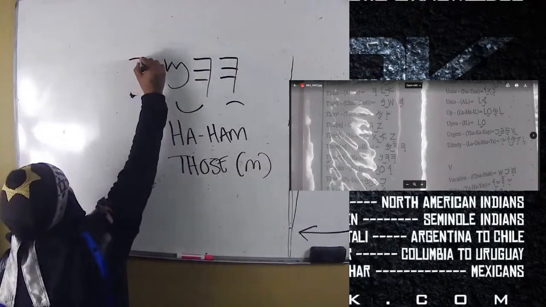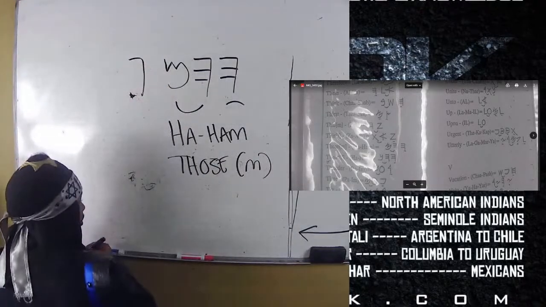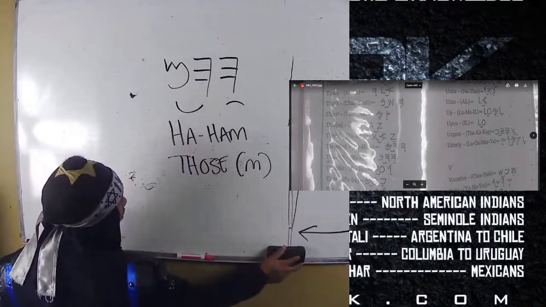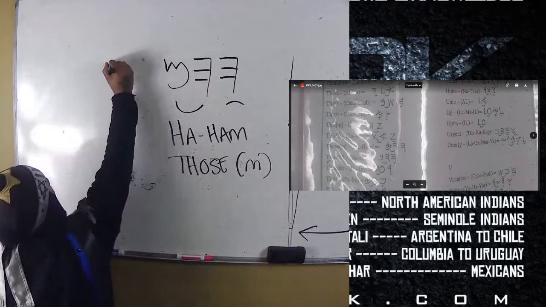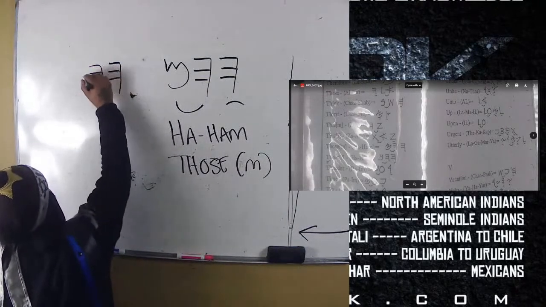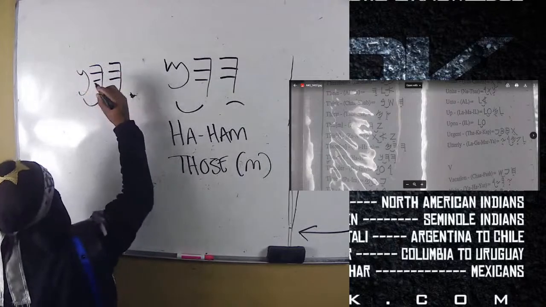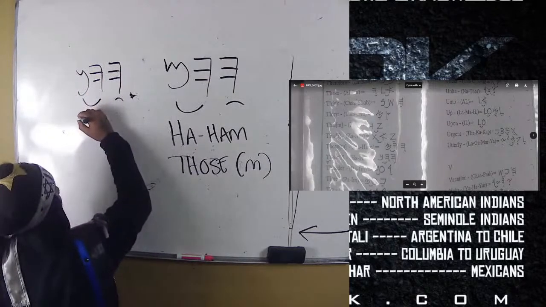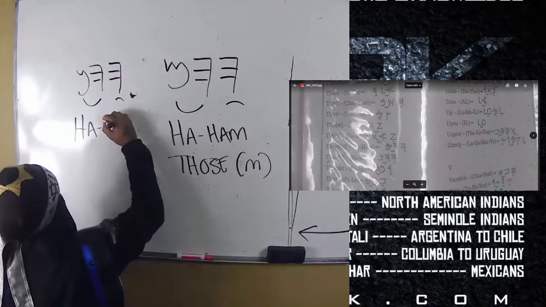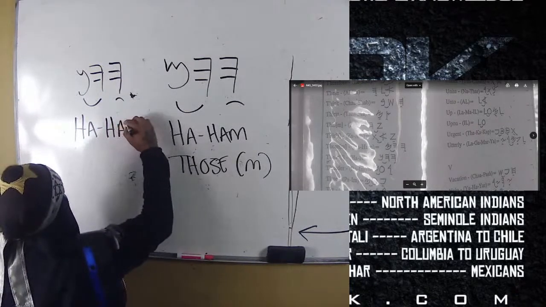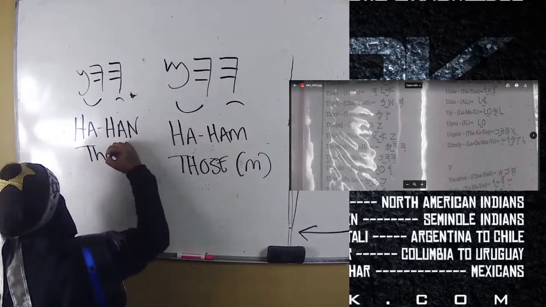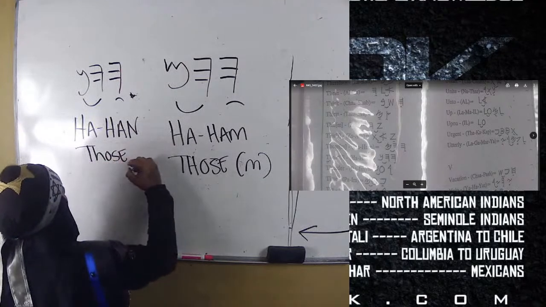Then you have, hold on, move this over. Y'all think it's all one word. Then you have ha-hun. Ha-hun, and it's those feminine. So you got ha-hum, which is those masculine, then ha-hun, and it's those feminine.